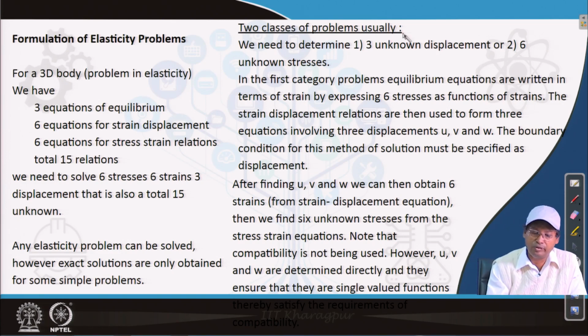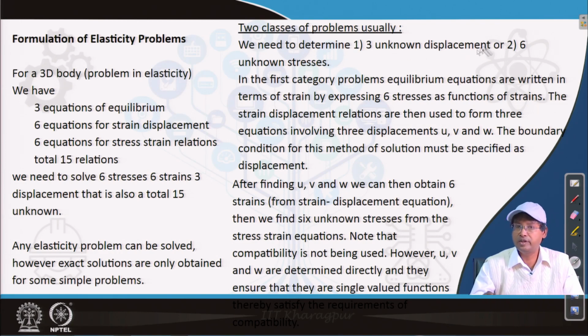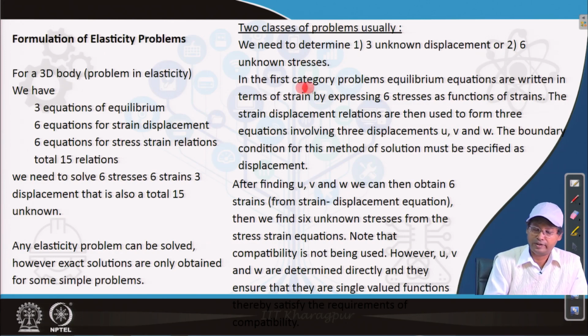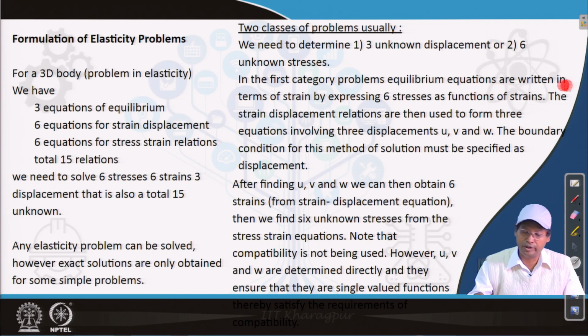Usually there are two classes of problems: we need to determine either 3 unknown displacements or 6 unknown stresses. Whatever we do, we can find the other using the relations we have in hand. We have 15 relations, isn't it? In the first category of problems, equilibrium equations are written in terms of strain by expressing the 6 stresses as functions of strains.